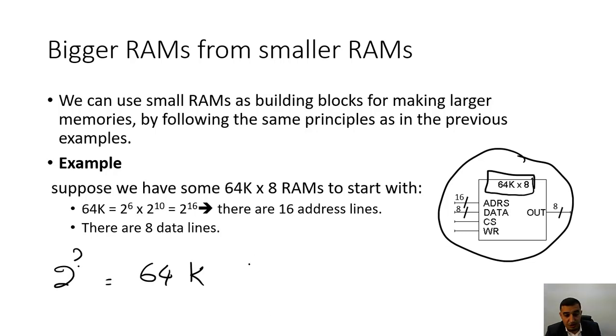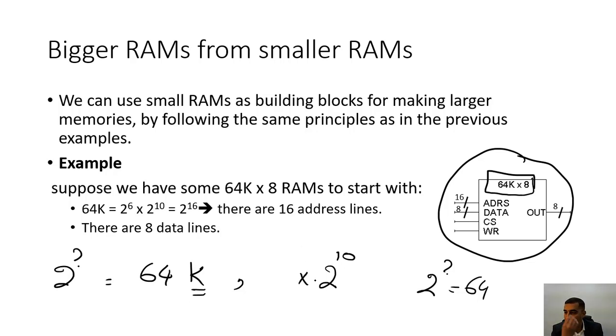To answer this question, first of all, you know that K is 2 to the power 10. And you need to find 2 to the power what will give me 64. You either memorize it or do it by calculator.